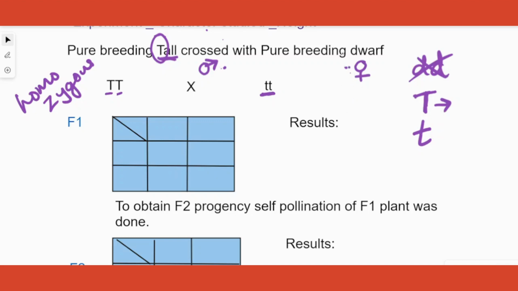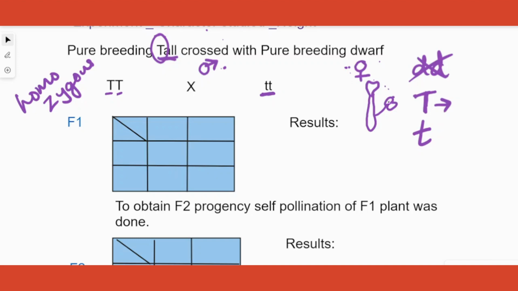Now, before doing that, we have to make sure that the pollen grain does not fall on the stigma of the female plant itself. So as you know, if this is the stigma, and already we know anthers are right next to it. So there is a chance that the pollen grain will come and fall on the stigma.